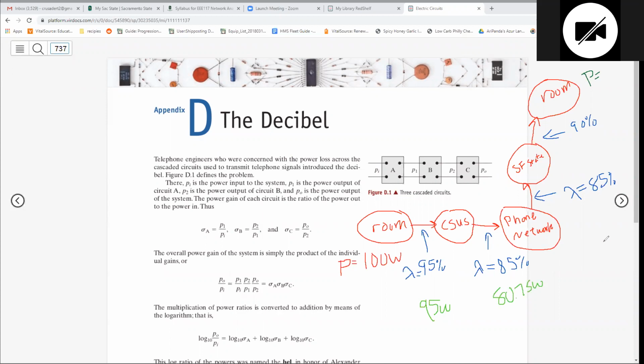And then we're going to take another 85% hit. This is going to be 68.64 watts. And then we're going to take another 0.9 loss, so it's going to be 61.77 watts. As you can see, you have to recalculate this every time you go through a network.